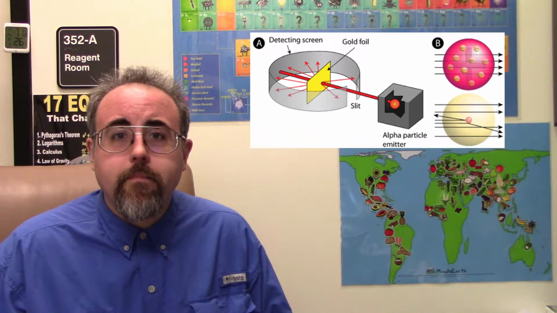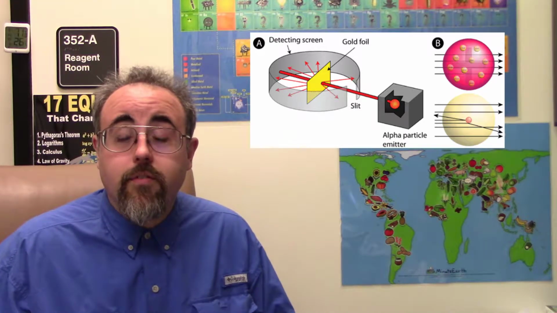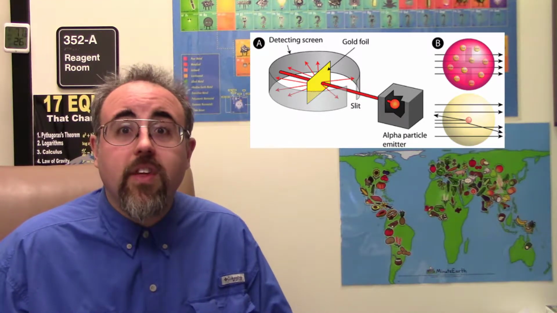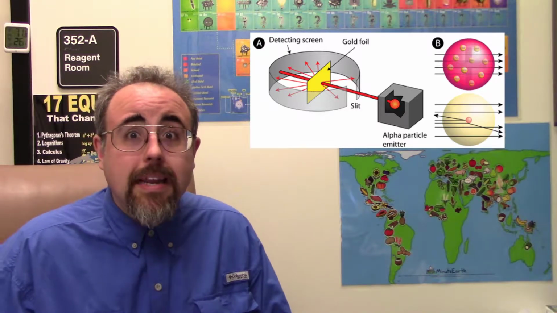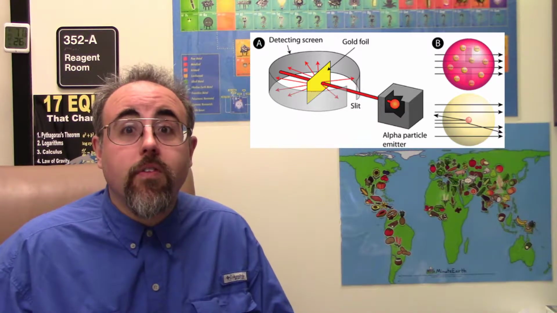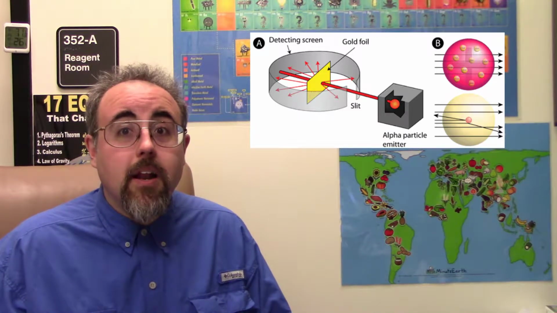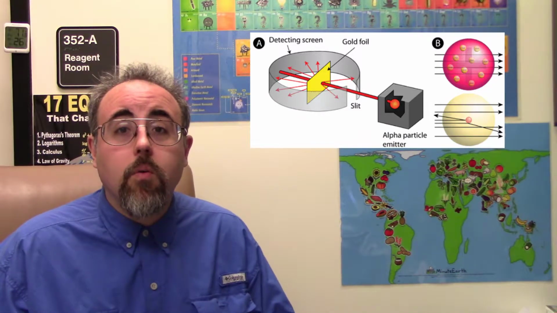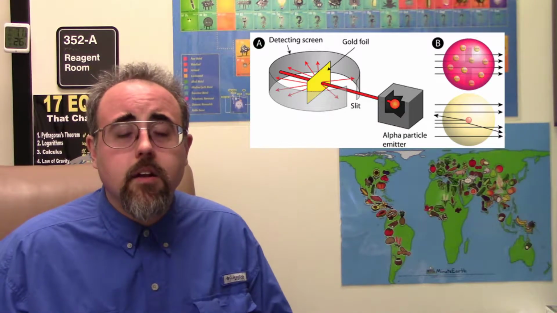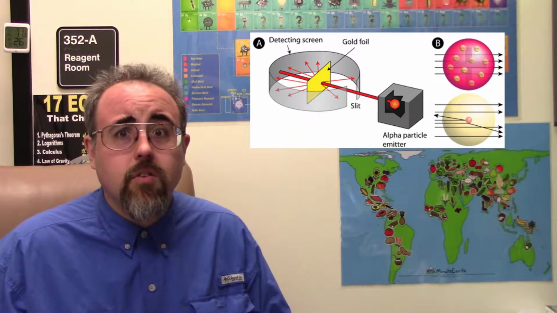Something was odd. What we realized is that the positive charge and nearly the entire mass of the atom was located in a really tiny spot, much, much smaller than the already very small atom. The atom is going to be made up of electrons buzzing around, and I use the non-technical word buzzing for a reason that we'll get to later on.